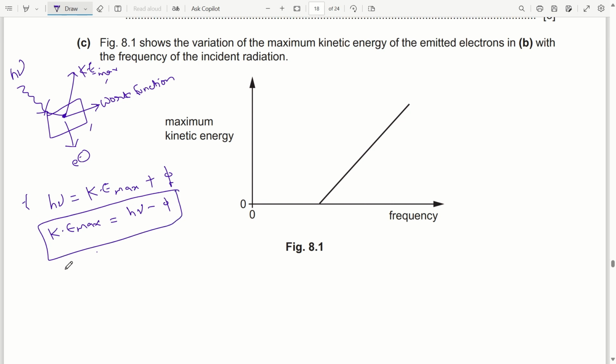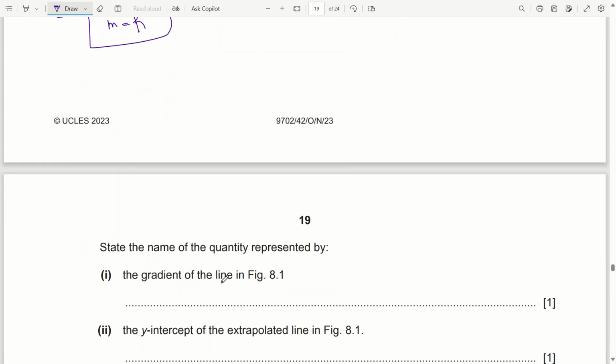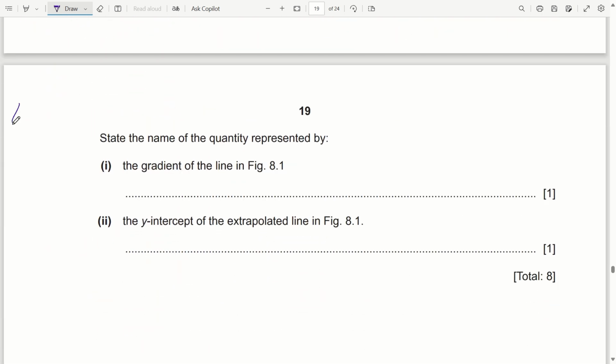Now we can compare this equation with y equals mx plus c. On the y axis kinetic energy is there and on the x axis frequency is there. So here the slope will be equal to h, and what is h here? h here is Planck's constant. So the gradient of the line represents Planck's constant.